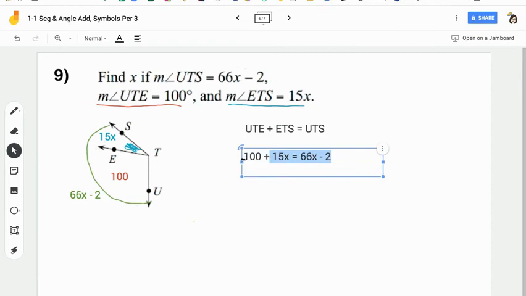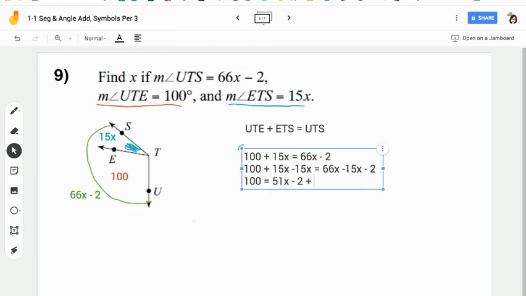So I want my x's on the same side. So I'm going to subtract 15x from both sides. So then the only thing left over here is 100. And 66x minus 15x is 51x.